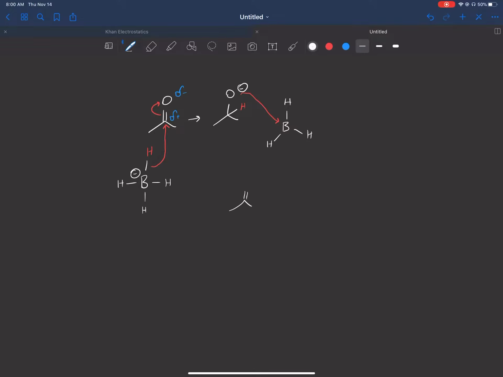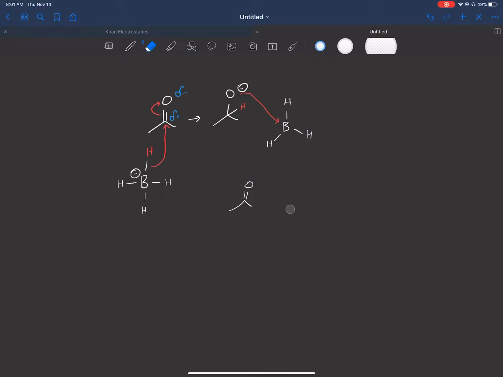I have seen it where it looks like this: this would attack the carbon, and then instead of this coming up here, they immediately show it attacking the boron in 1 step. On the off chance they ask you for the mechanism, which I highly doubt, they can ask it in other ways than having you draw it. I think either can give you credit, but because the top one was shown in lecture, I would just follow that one.